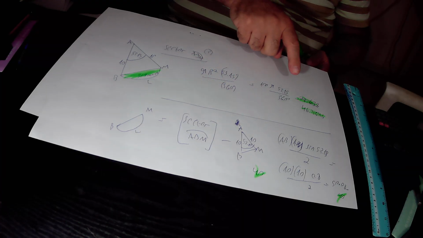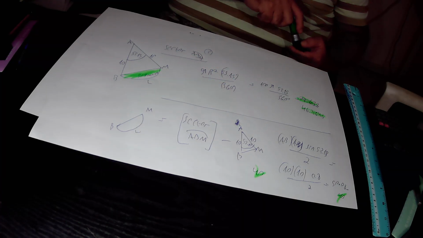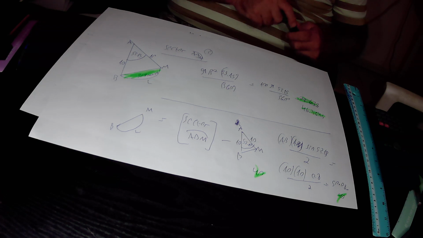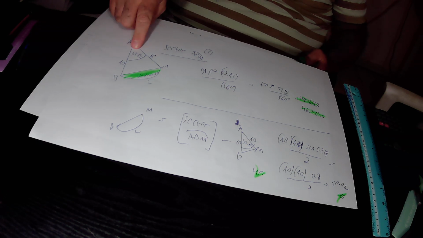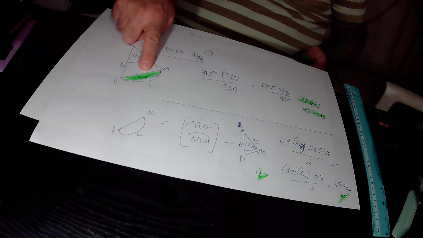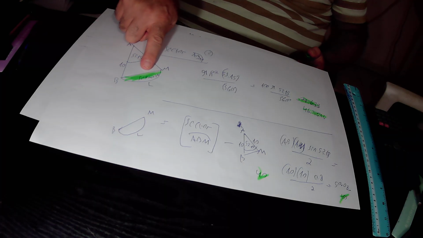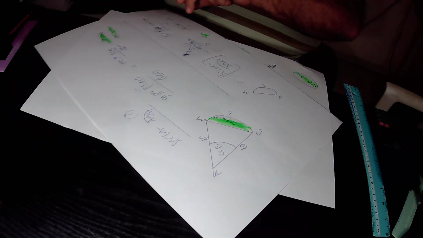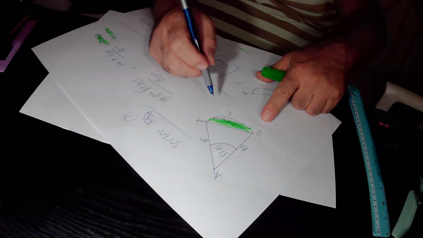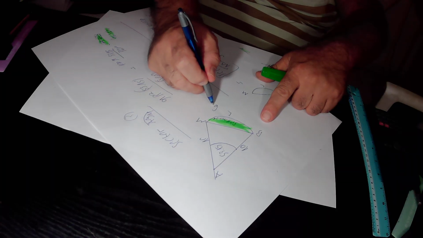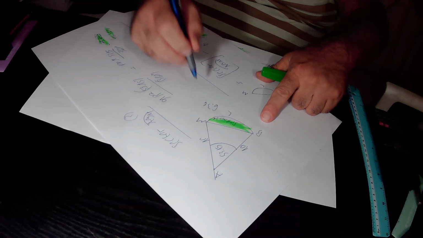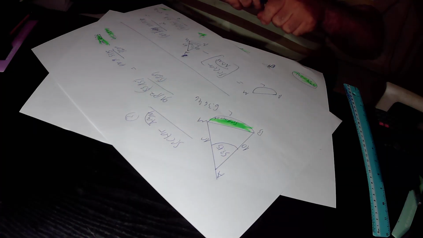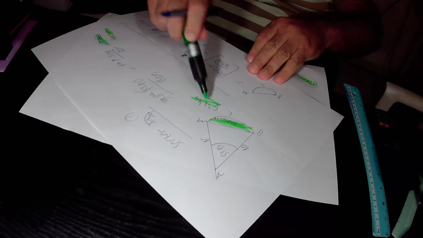In total it is 6.3646 square units in its size. So in total we should know that the area of this segment BLM is equal to 6.3646 square units in its size. Repeat again, the area of this segment BLM is equal to 6.3646 square units in its size.